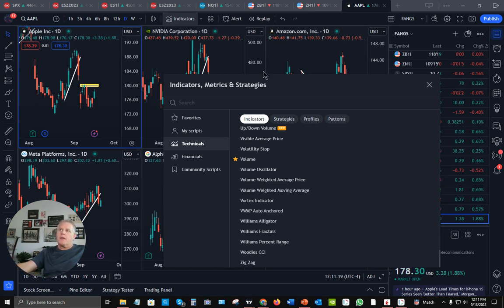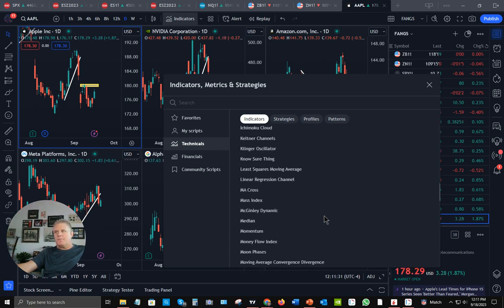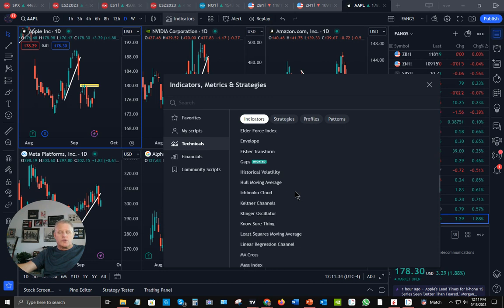So here's TradingView, and if you click on indicators, here's all your different indicators. It's real easy to get overwhelmed and just buried with all these different ones, if you're new to trading and trying to find an indicator or a pathway to generate low risk, above average reward, above average probability opportunities, investing, day trading, swing trading, or position trading, all four of the different trading types, I should say.